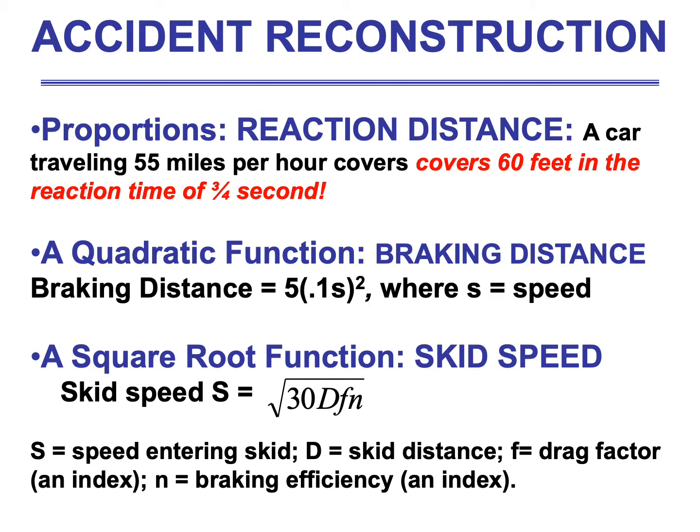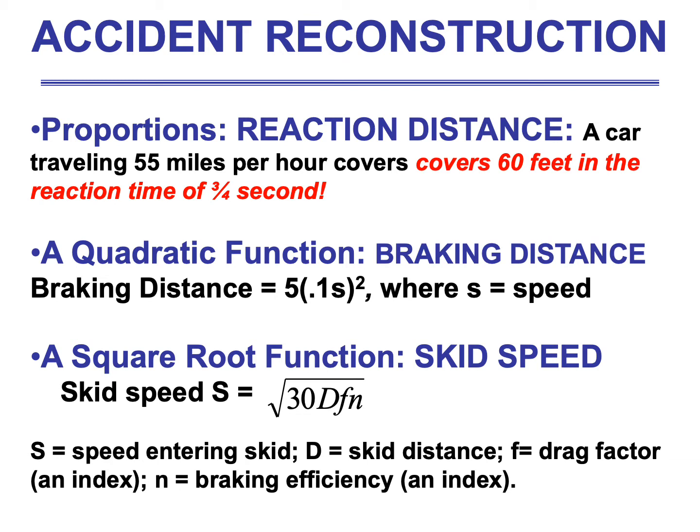Another real-world application of mathematics as it relates to the automobile is in accident reconstruction. In some accidents, an accident reconstructionist who has knowledge of both crime scene investigations and mathematics can help make sense of the circumstances surrounding an accident.